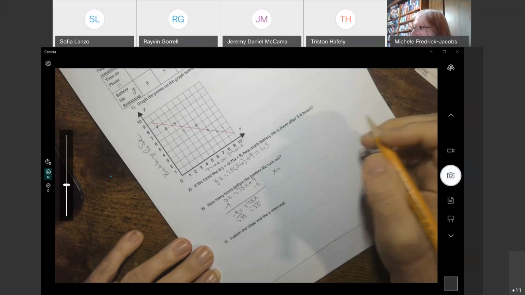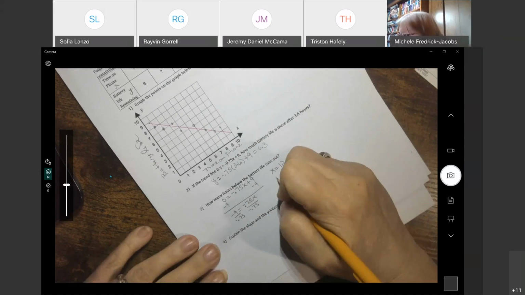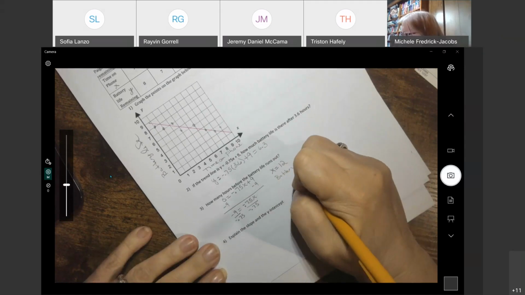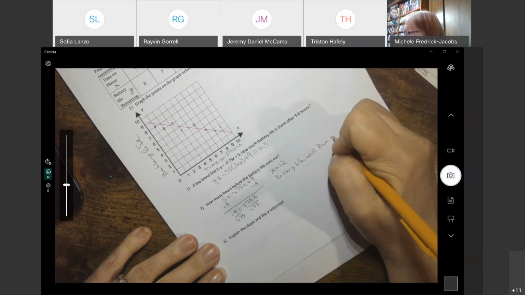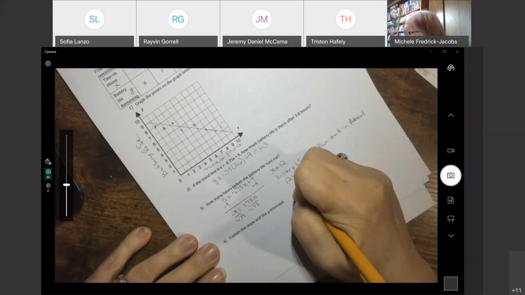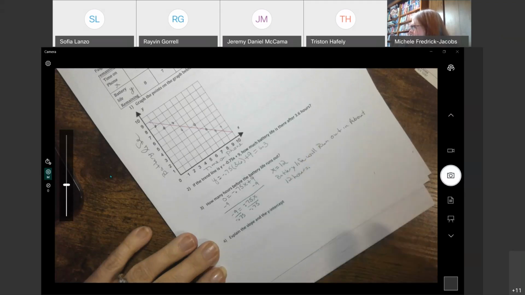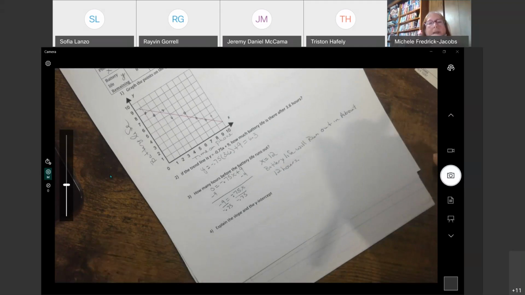Positive 12. So battery life runs out in about 12 hours. Any questions on that?